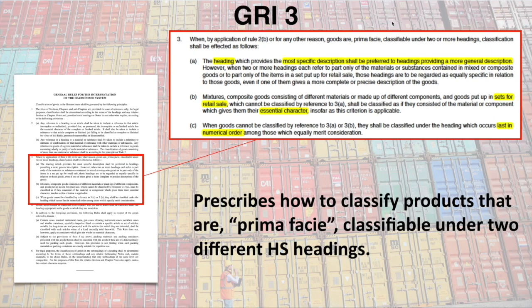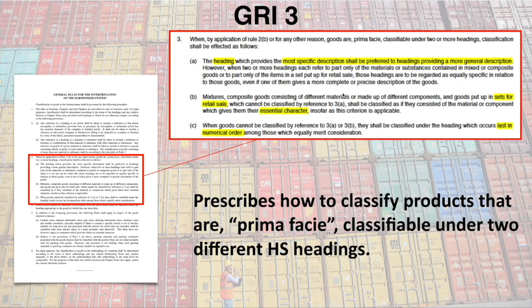However, there is a provision that if two or more headings each refer to only one of the materials or substances contained in mixed or composite goods, or to only some of the articles included in a set put up for retail sale, those headings are to be regarded as equally specific in relation to those goods, even if one of them gives a more complete description than the other.